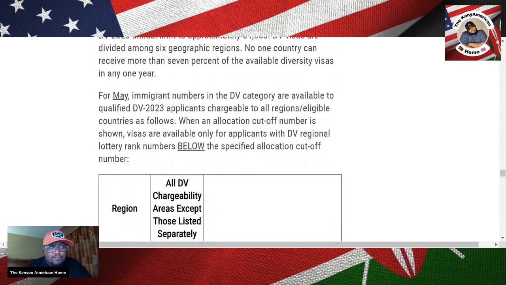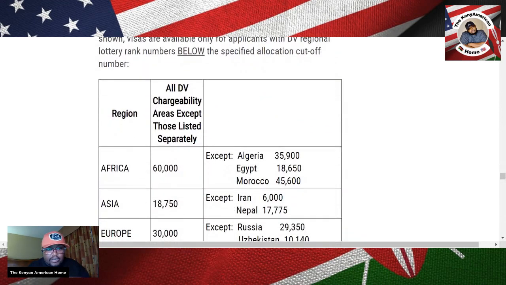So as of May 2023, for Africa, if your case number is 60,000 and below, it's been given a green light. It makes exceptions for some countries like Algeria, Egypt, and Morocco.